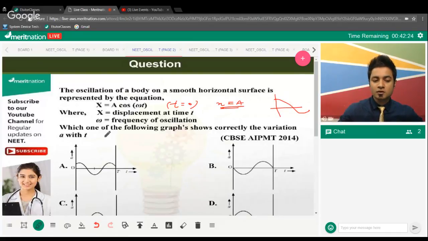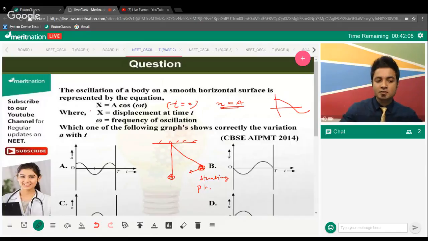In simpler terms, if I'm making the pendulum here, this is the mean position, and the motion is going to start from here. This is the starting point.